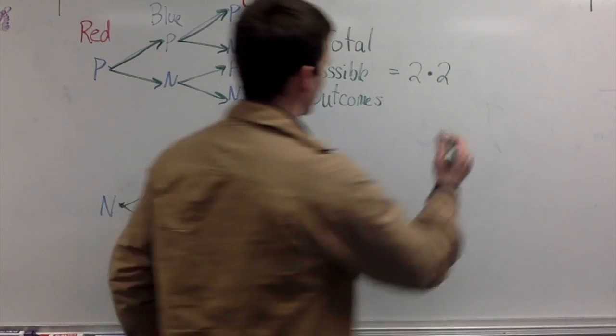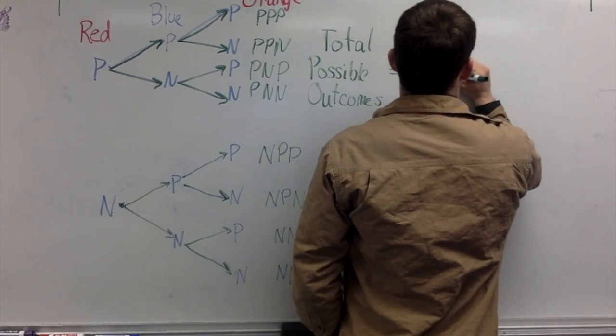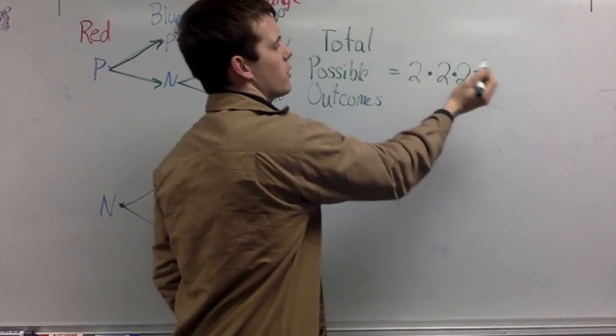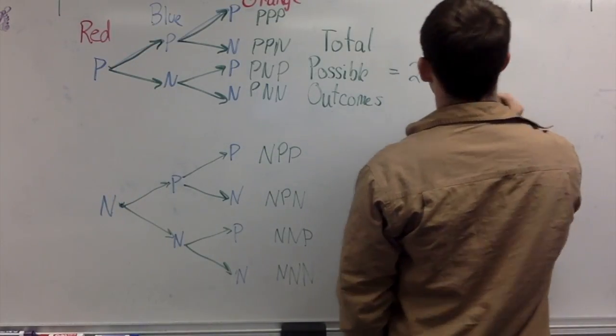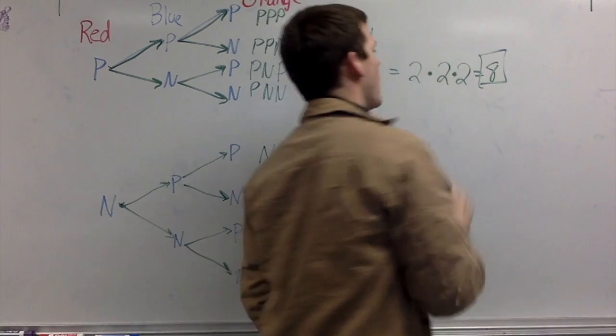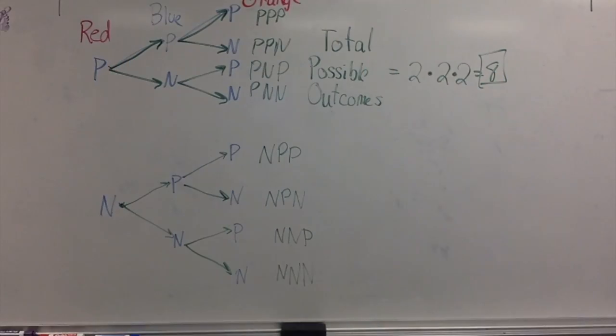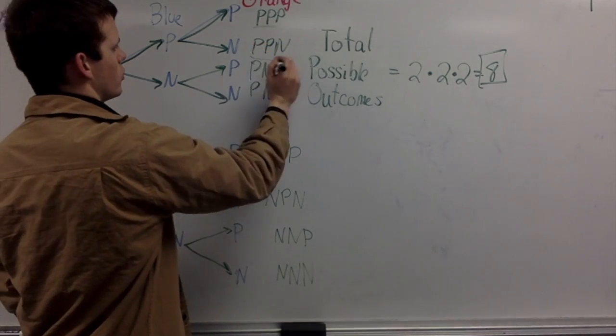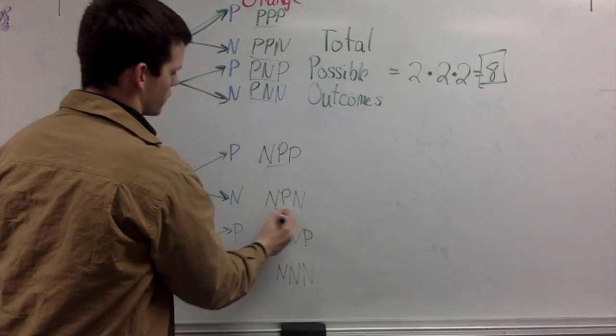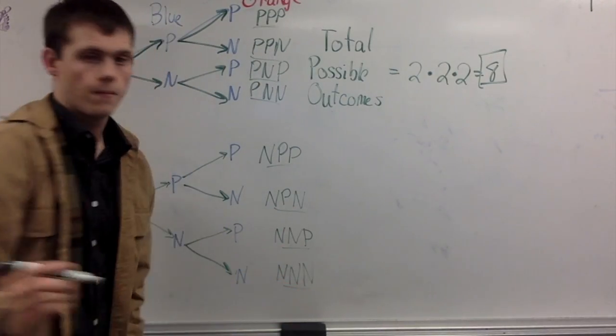Just 2. 2 times 2 times 2. That's now 8. So there are 8 total different outcomes that we can get. But if you just wanted to, you could count them. 1, 2, 3, 4, 5, 6, 7, 8.